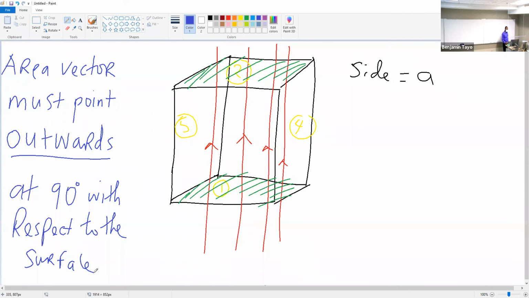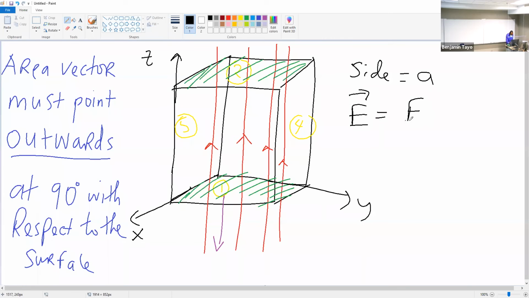So does that mean the top would point up and the bottom would point down? Exactly, that's correct. So it means that at the bottom, my unit vector for the area is like that. Again, let's call this direction X, let's call that direction Y, and then this is my Z. So let's write the electric field as some magnitude E, pointing in the k-hat direction.